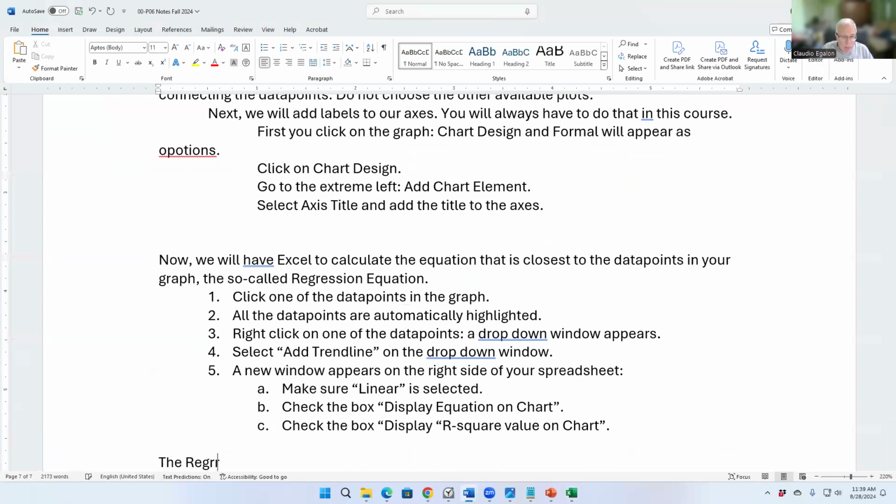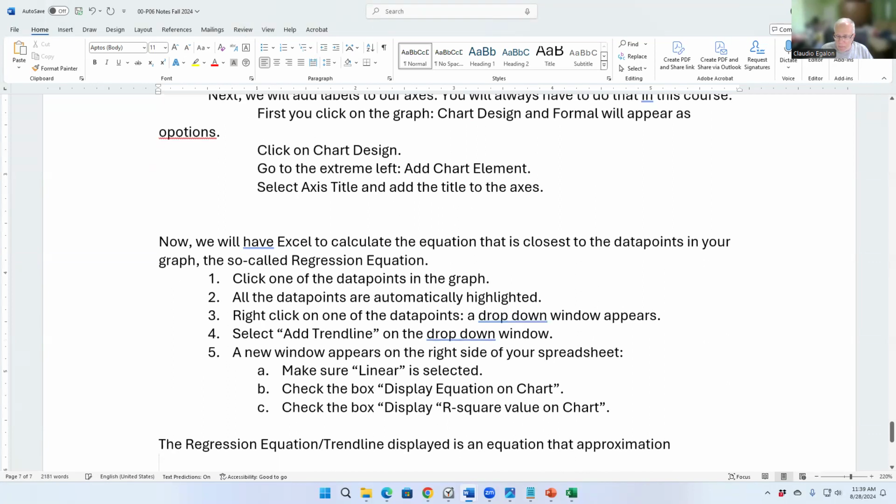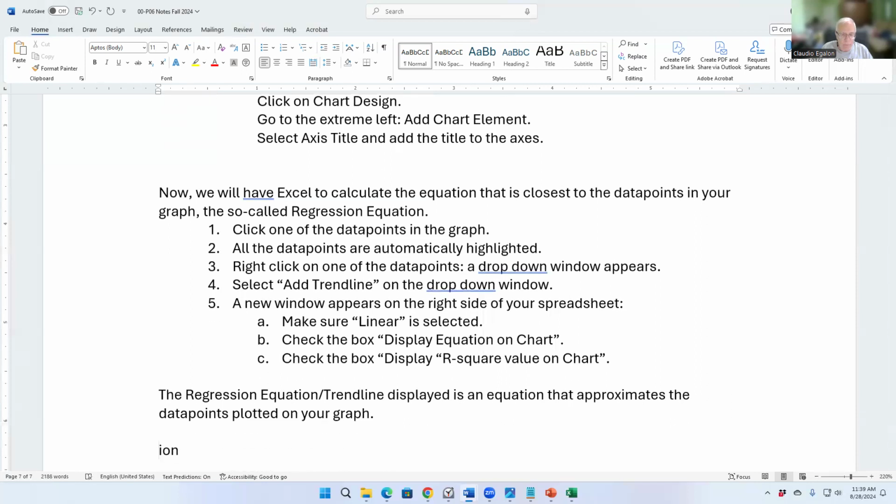The regression equation slash trend line displayed is an approximation. It's an equation that approximates the data points plotted on your graph.